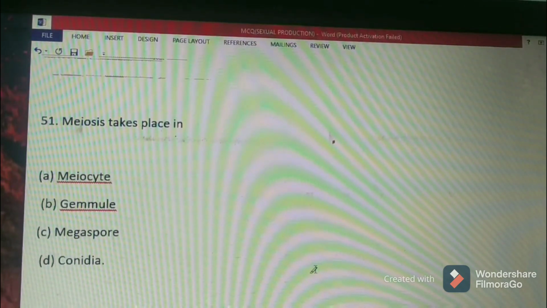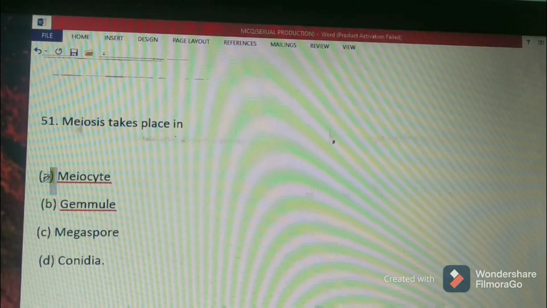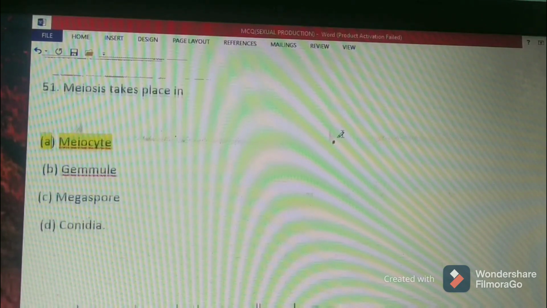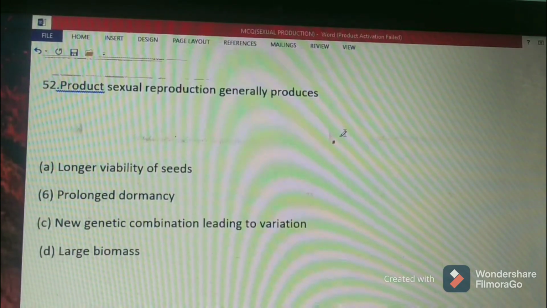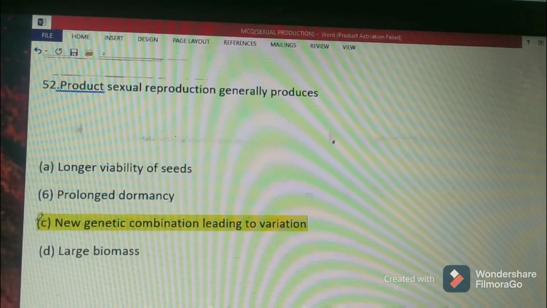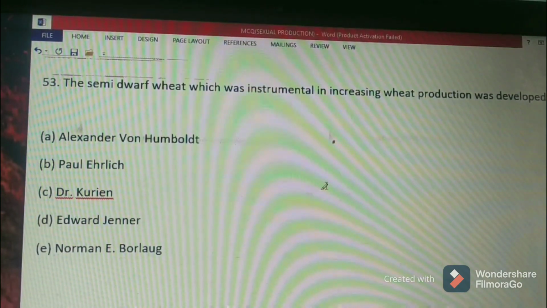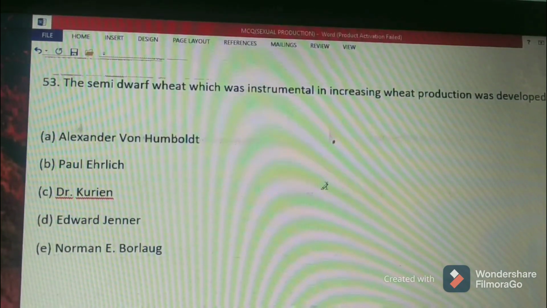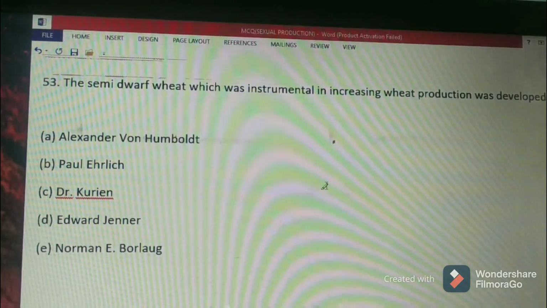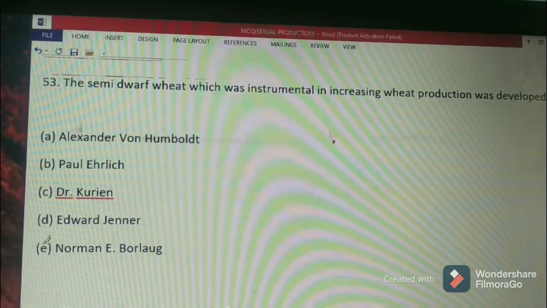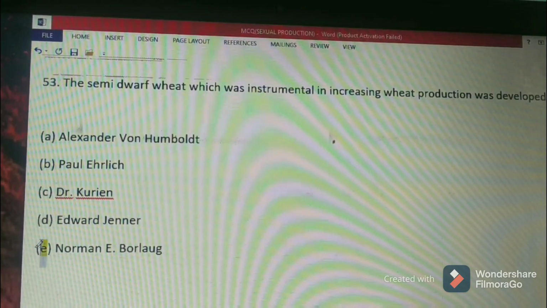Meiosis takes place in meiocyte. Sexual reproduction generally produces new genetic combinations leading to variation. The semi-dwarf wheat, which was instrumental in increasing wheat production, was developed by Norman E. Borlaug.